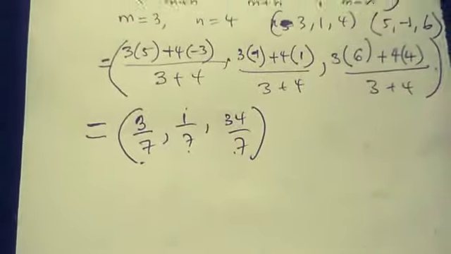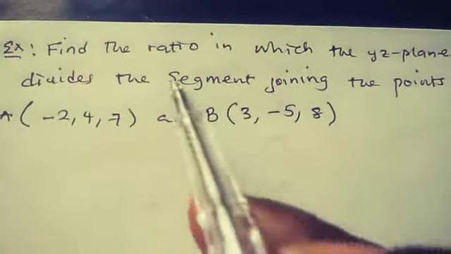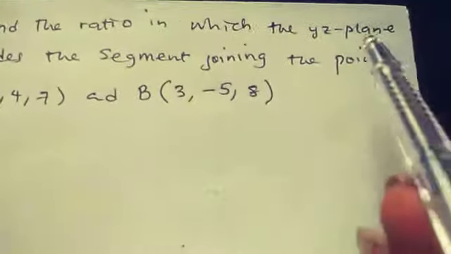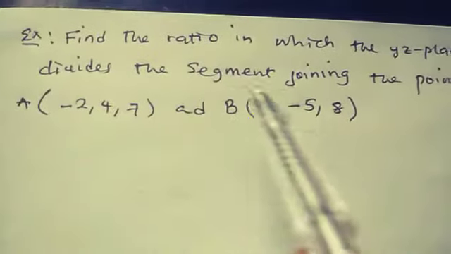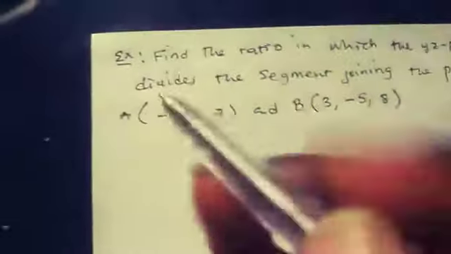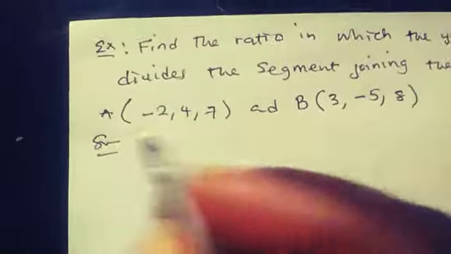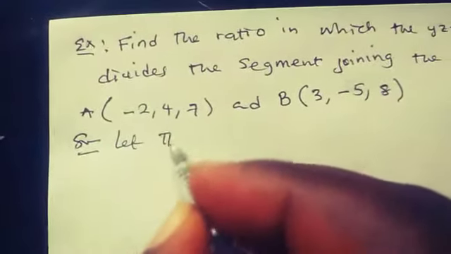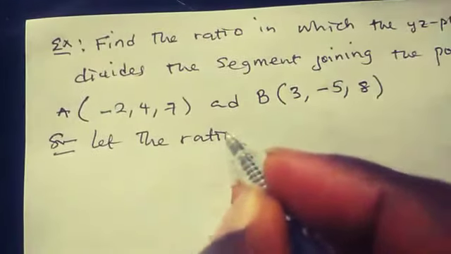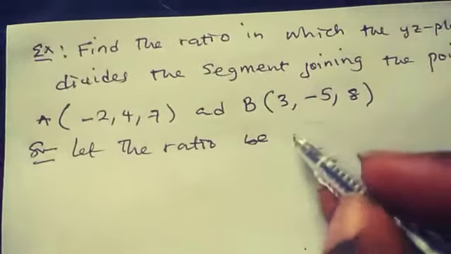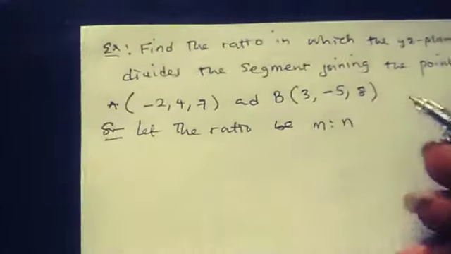Now let's take another example. Another question: find the ratio in which the YZ plane divides the segment joining these points. Now, solution. The first thing is, let the ratio be m ratio n.